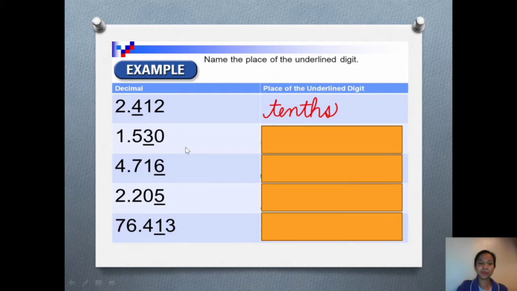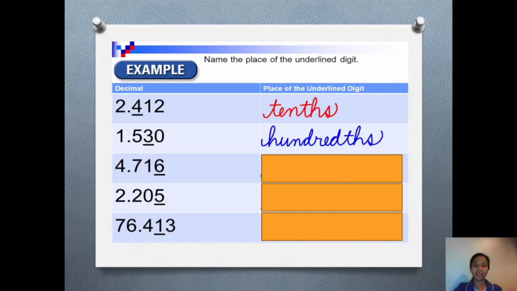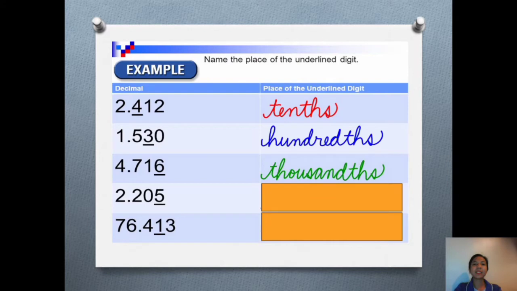Alright, next. What is the place value of 3 here? It is hundredths. Okay. So it is with TH, which means the number is in the second place after the decimal point. Next, what is the place value of 6? Okay, the place value of 6 here is thousandths.